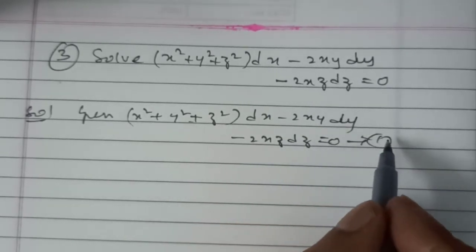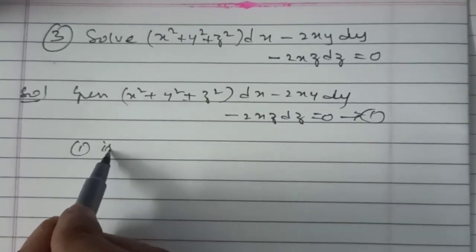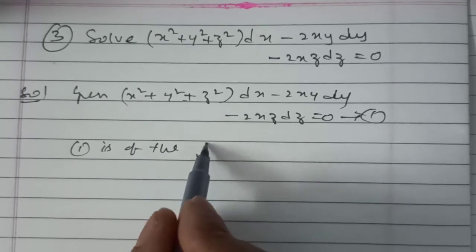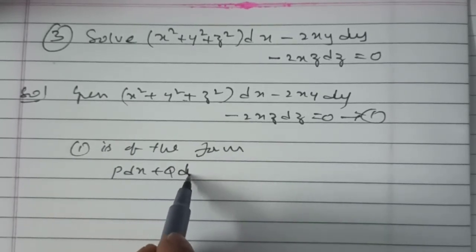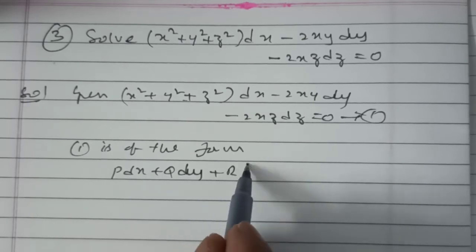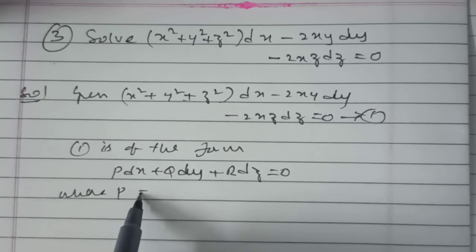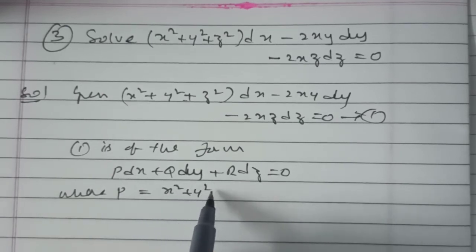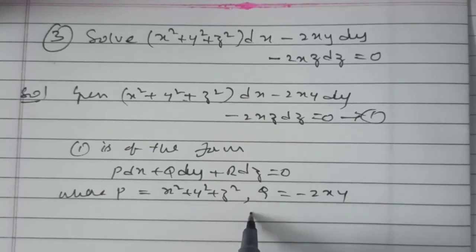Take this as equation 1. Next, it is of the form p dx plus q dy plus r dz is equal to 0, where p is equal to x square plus y square plus z square, q is equal to minus 2xy, r is equal to minus 2xz.